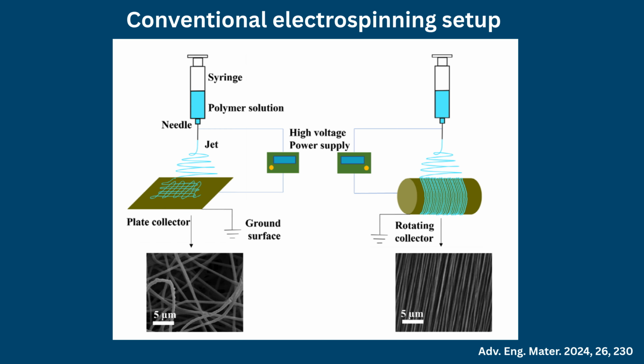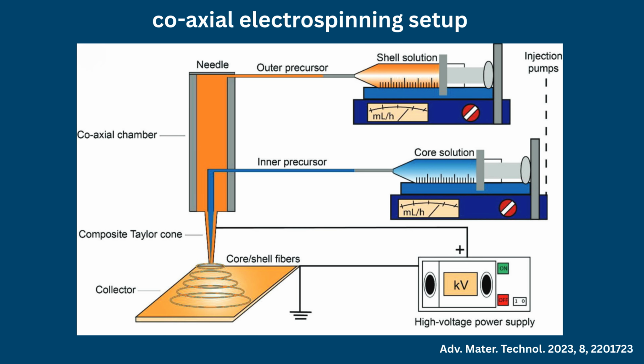This method has been expanded to include coaxial and multi-axial configurations, which allow the fabrication of complex fibers such as core-shell and multi-layered structures. These architectures are particularly valuable in applications involving encapsulation of bioactive agents, controlled drug delivery, and multifunctional materials.